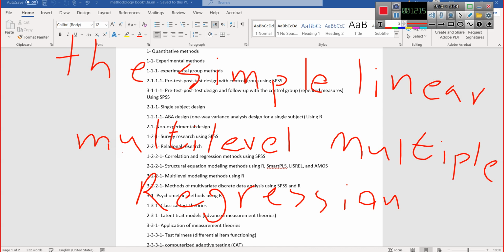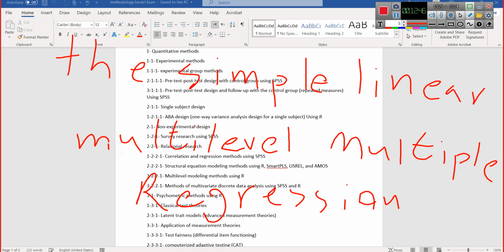For example, in this educational example model, the levels of students, classroom, and schools. This is the simplest model for multi-level modeling.